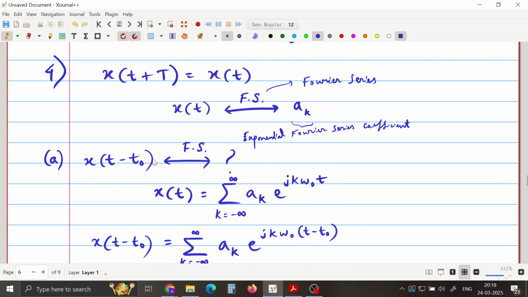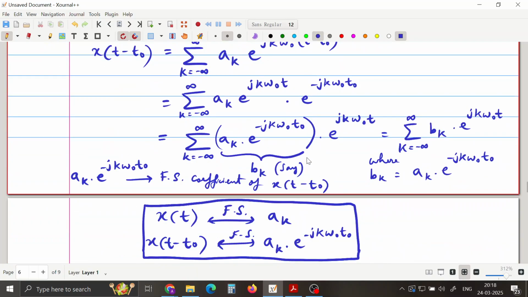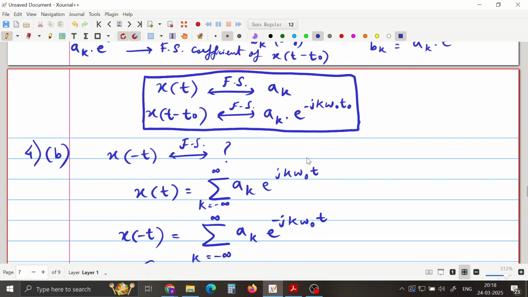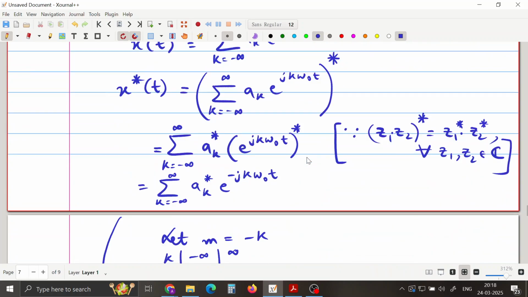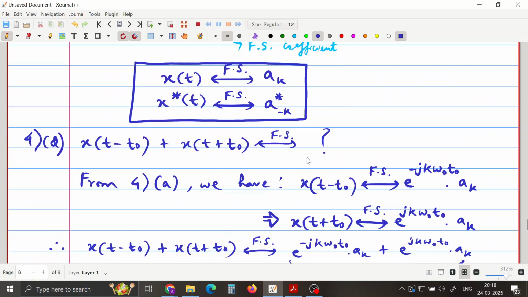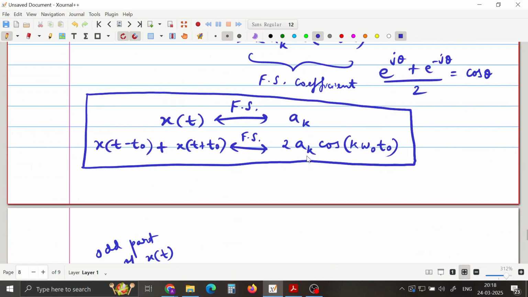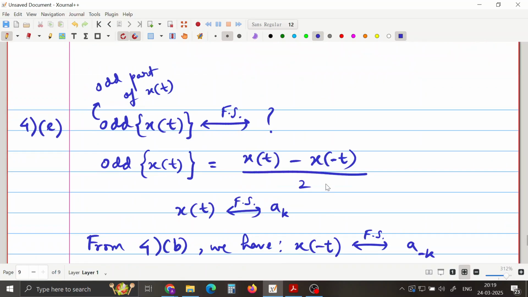And in the fourth problem, we have looked at almost all the major properties of the Fourier series coefficients. So we studied time shifting, time reversal, complex conjugation, and then linearity, of course, and the odd part of x of t. Similarly, you can do the same thing for the even part of x of t and other things such as the real part of x of t and so on.